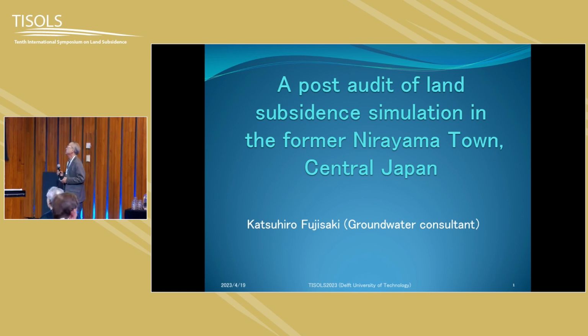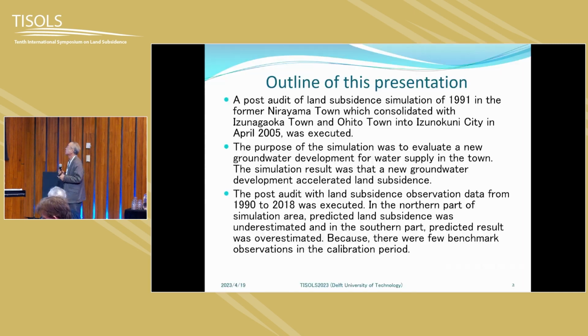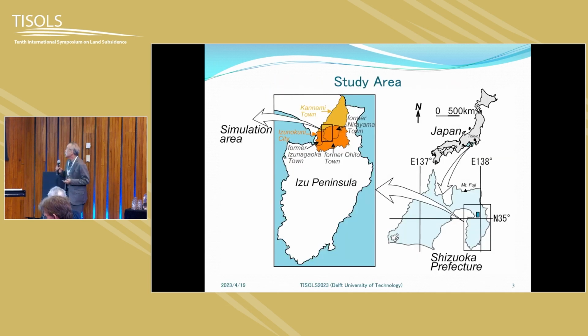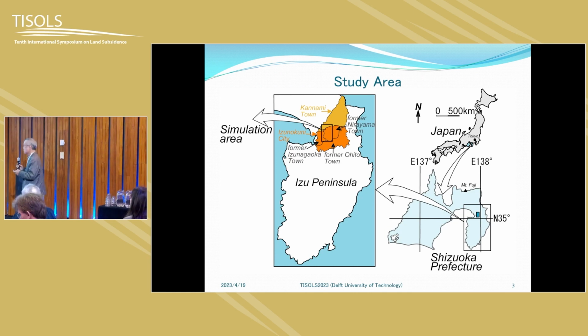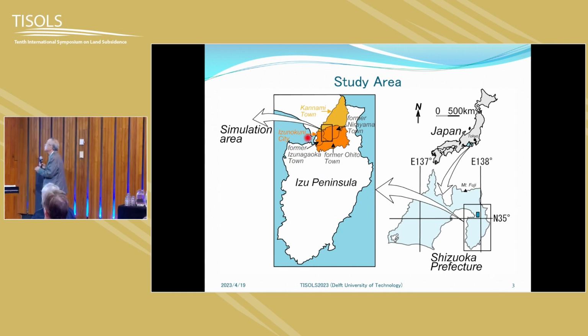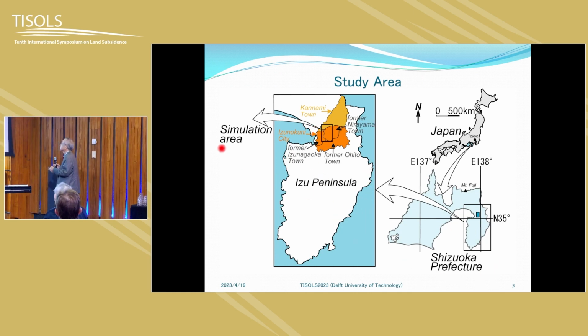My presentation is a post-audit of land subsidence simulation in the former Nirayama town, Central Japan. The study area is located in the northern part of East Peninsula in Central Japan.